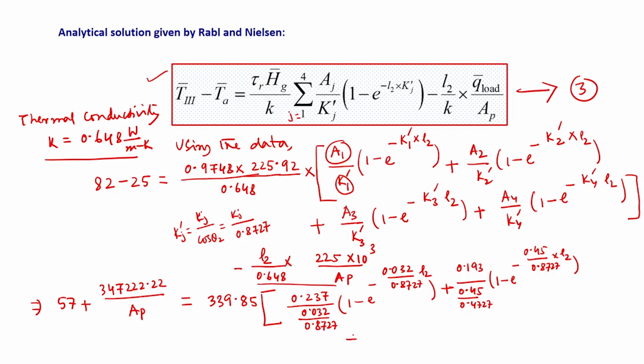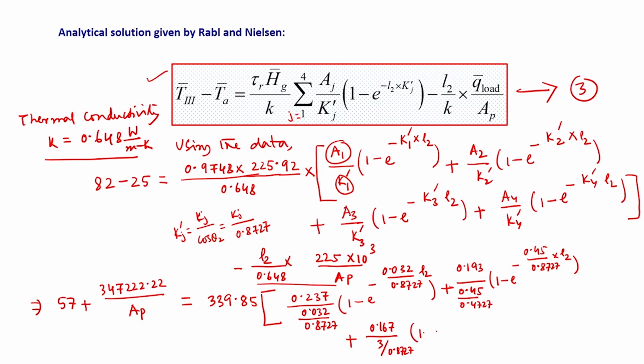Then plus we will have A3 value 0.167 divided by 3, where 3 is for K3, divided by cos theta 0.8727. Okay.